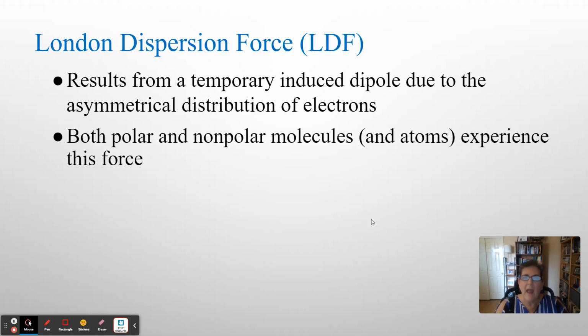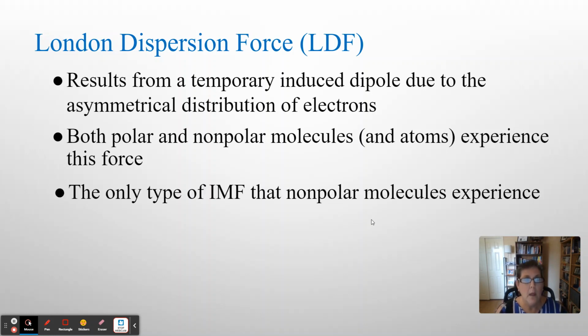So everything basically can experience London dispersion force because everything has electrons. But it's the only type of intermolecular force that non-polar molecules experience. So again, it's temporary, and you see it's the only force in a non-polar molecule.